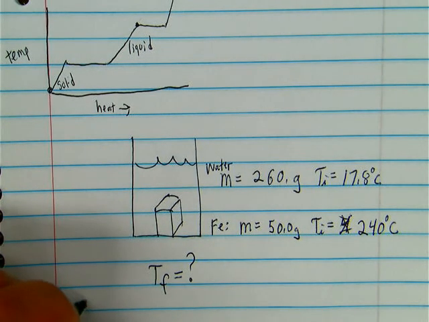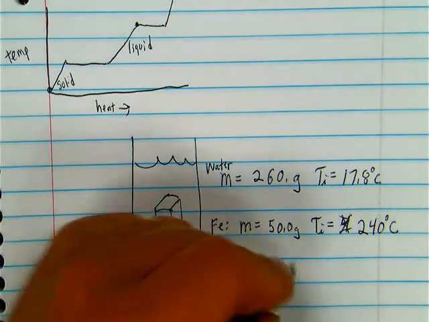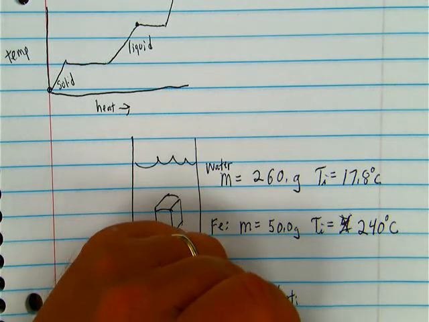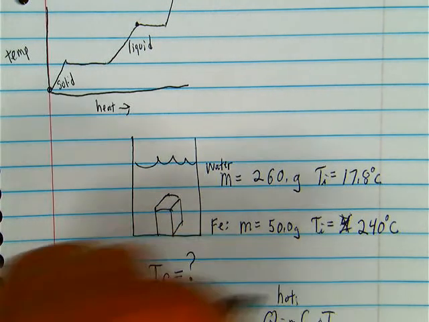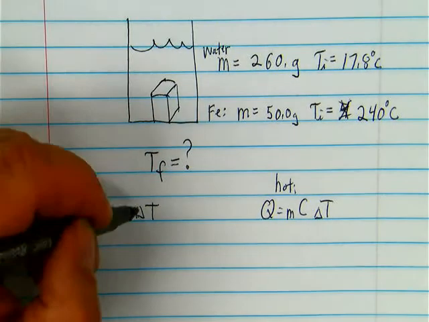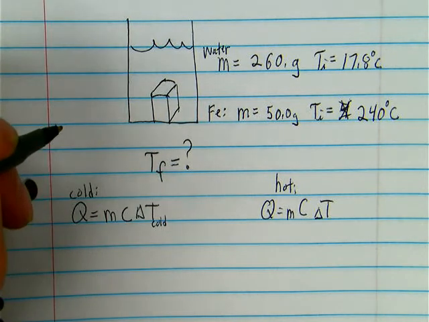For the cold water, of course, Q equals mc delta T. And for the hot iron, Q equals mc delta T. It's not the same delta T. This is for the cold stuff warming up to the final temperature.